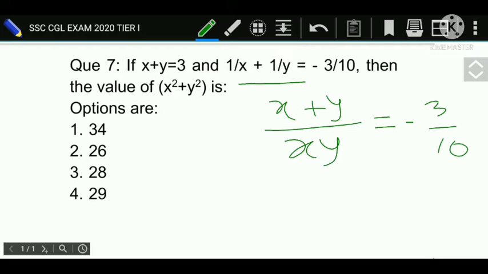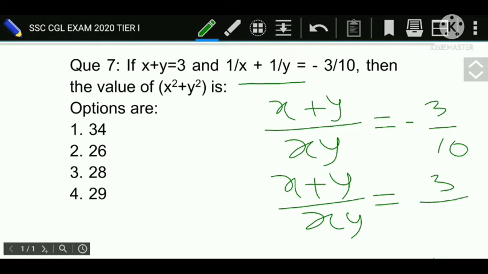Here we can write it x plus y upon xy equal to 3 upon minus 10.